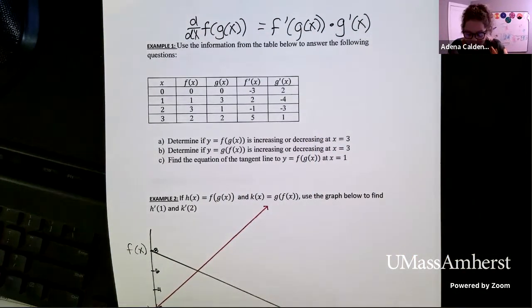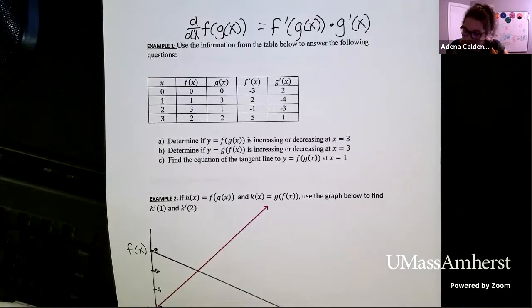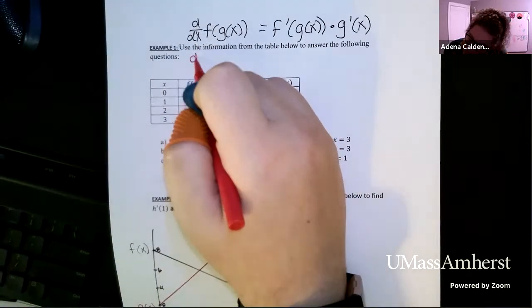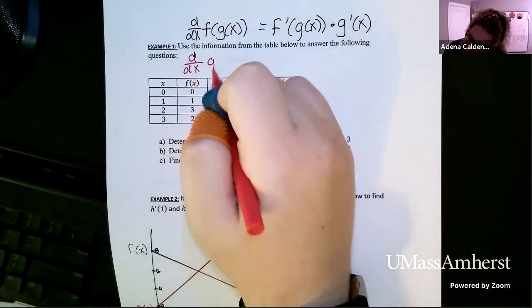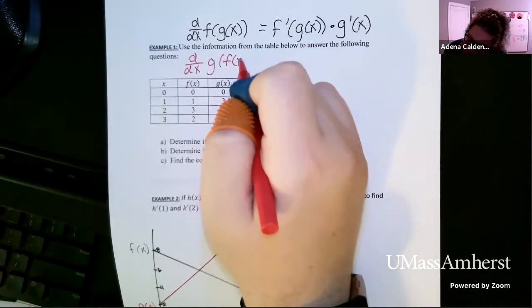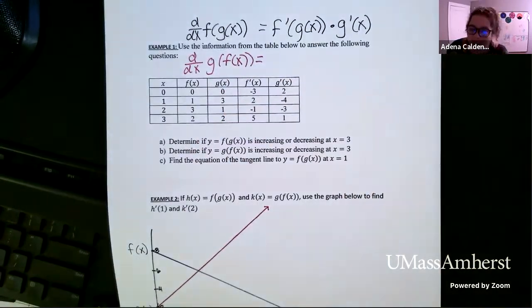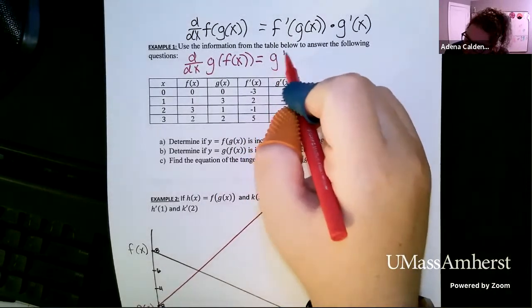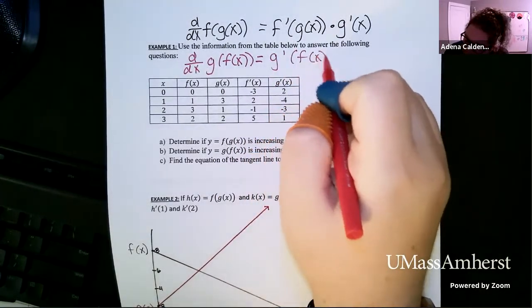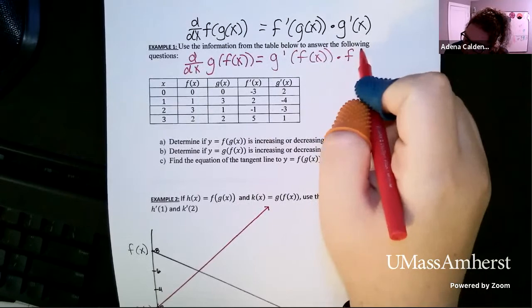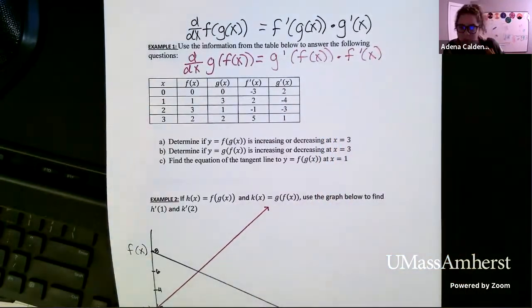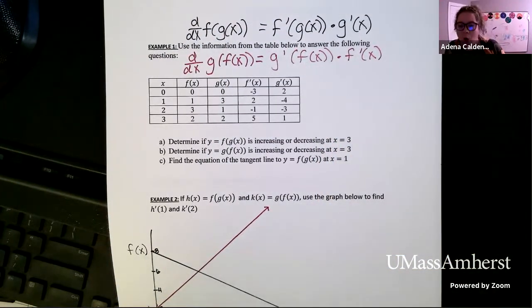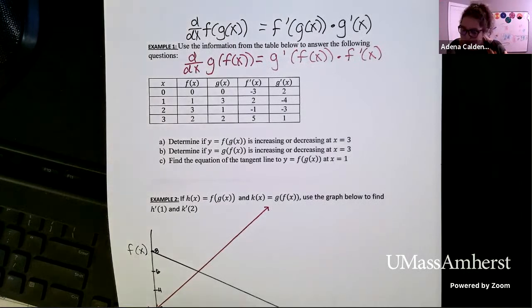Similarly, if we have g of f of x, and we apply this formula, we're going to have g prime of f of x times f prime of x, times the inside. So we need to figure out all of these values based on this table to answer these questions.